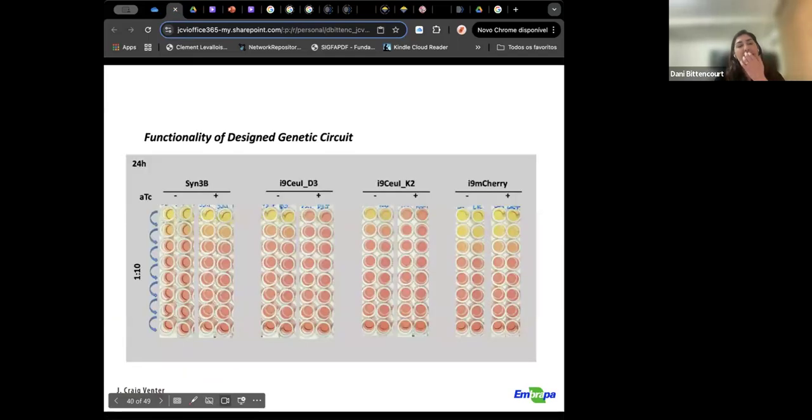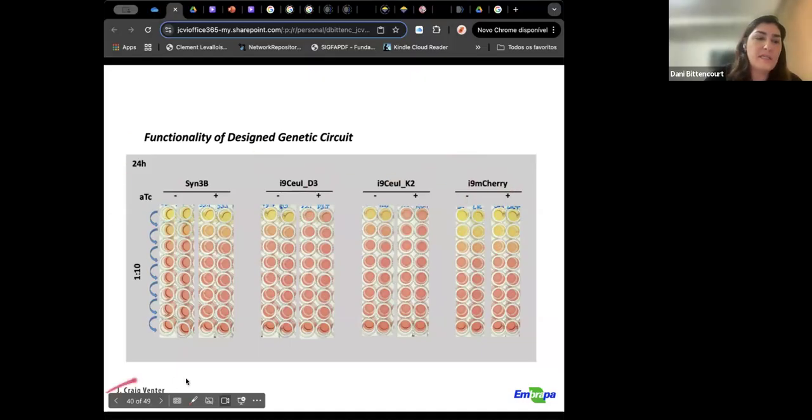Here we did a colony forming unit assay where we see the growth of those cells under tetracycline induction. We have our syn3B as a control with and without tetracycline, one of the clones, another clone, and here just the integrase inducing the expression of mCherry, to show that the integrase is not interfering with the metabolism or the growth of the cell.